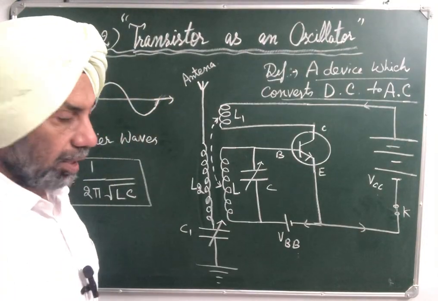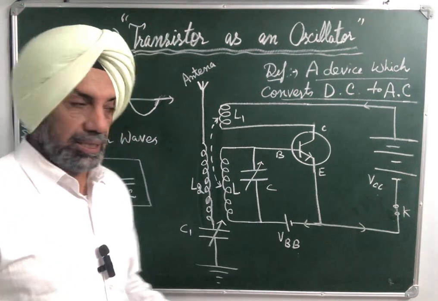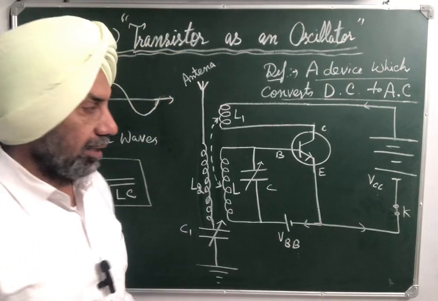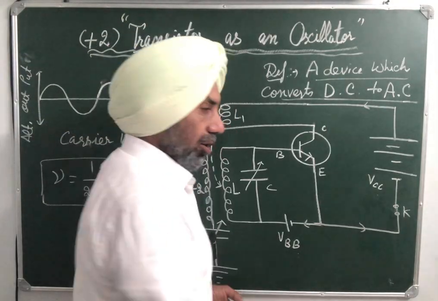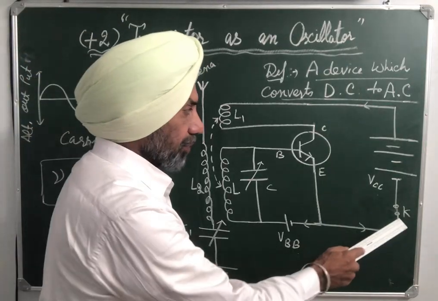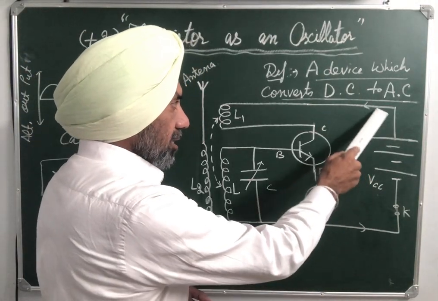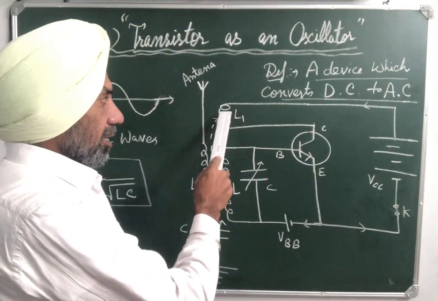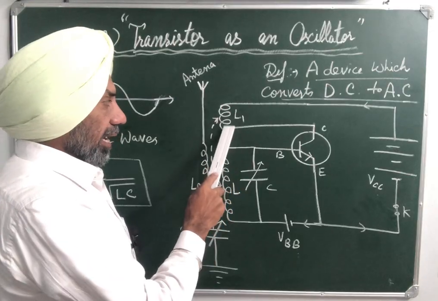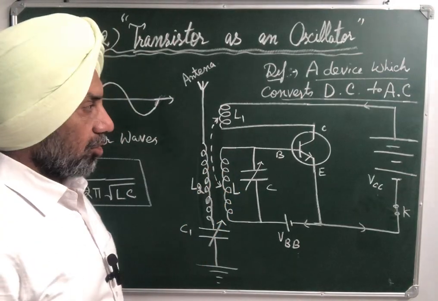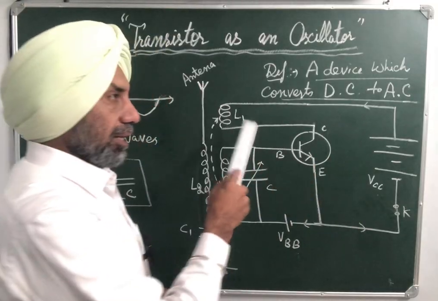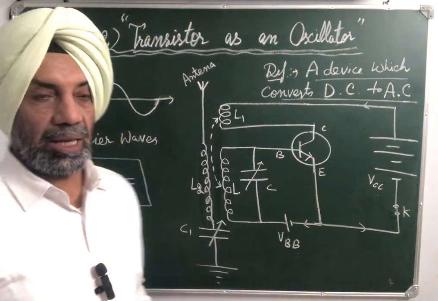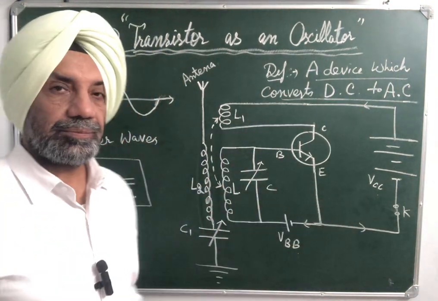Now how does it work? Because it has to convert DC to AC. First of all, we start from here. Make the key K on. You insert the key K so that DC current starts flowing in the circuit. But as inductor L1 is connected in this circuit, when current grows through the inductor, a self-induced EMF is produced, which opposes the growth of current.